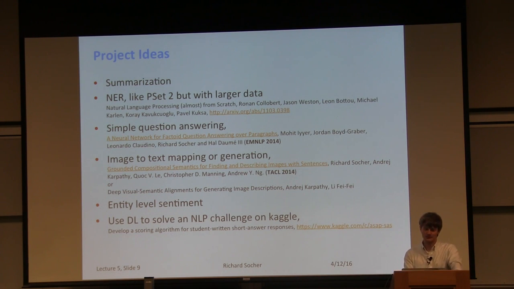So here are a couple of other tasks, including those, but also some others. There's named entity recognition, which we just talked about, and summarization. There's simple question answering. This is actually a really fun data set, and it's now also a challenge that people are running, where you basically try to predict simple facts.